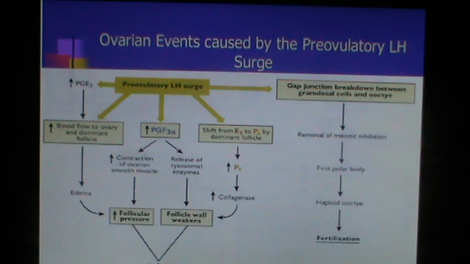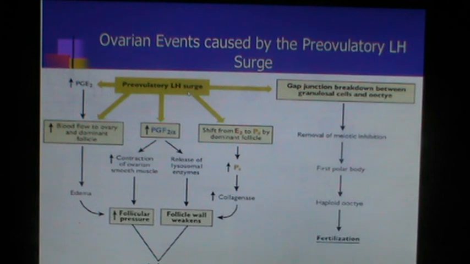This causes increased contraction of the ovarian smooth muscle and releases lysosomal enzymes. The contraction and the lysosomal enzymes cause increased follicular fluid pressure and weakness of the follicle wall.